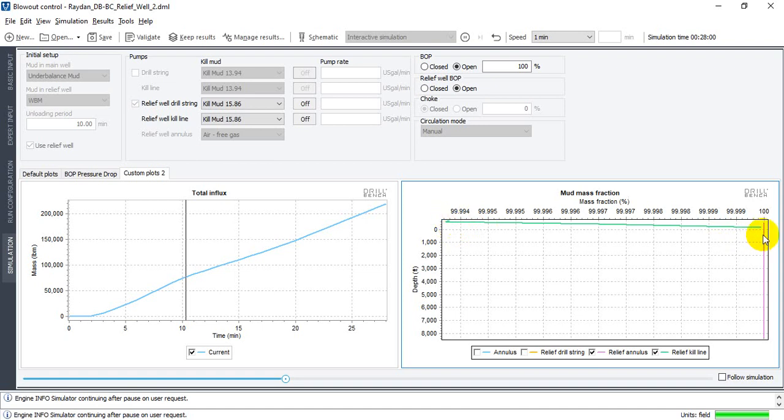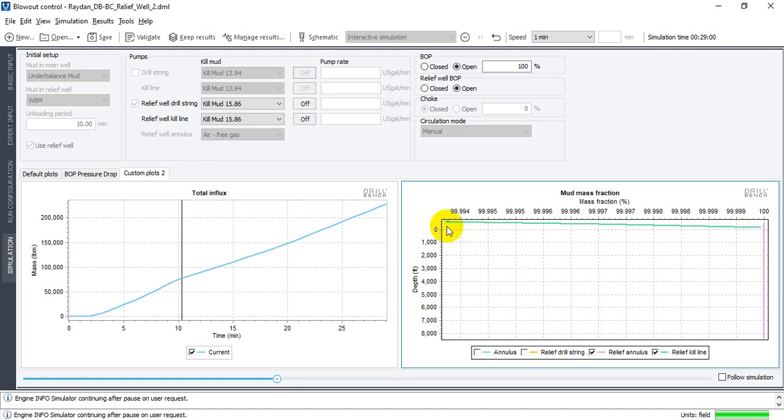It is constant after, but we have the relief annulus 100% and the relief kill line is less than 99.9%, but at the annulus it is more than.